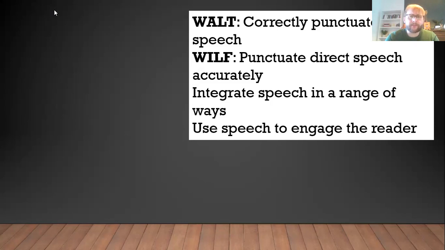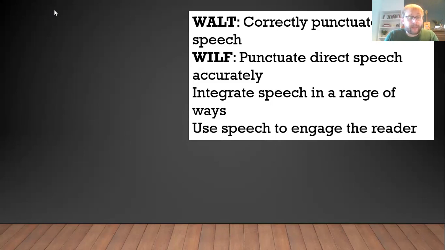I think most of that is fairly self-explanatory. Punctuating it, that means using the double inverted commas and putting commas themselves in the right place, and also making sure that you're punctuating your full sentence correctly as well. Integrating speech in a range of ways, that means not just always having it before you saying Elliot said, but having that bit breaking it up sometimes, that bit preceding it at the beginning.